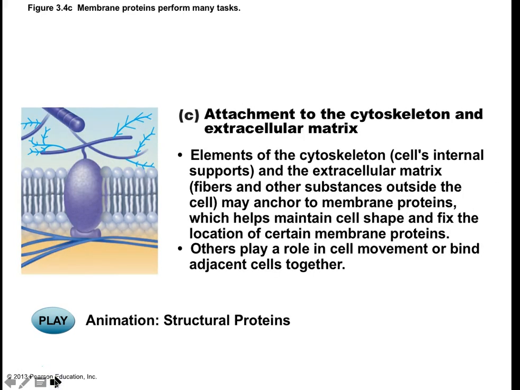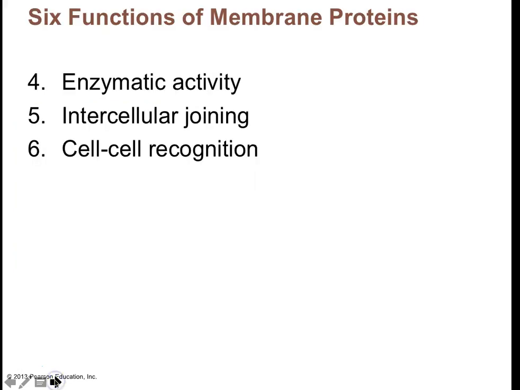And here we have a protein that is going to be in the plasma membrane, but also attached to cytoskeletal proteins inside the cell or collagen strands outside the cell.